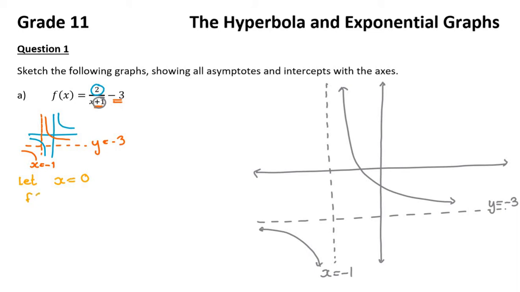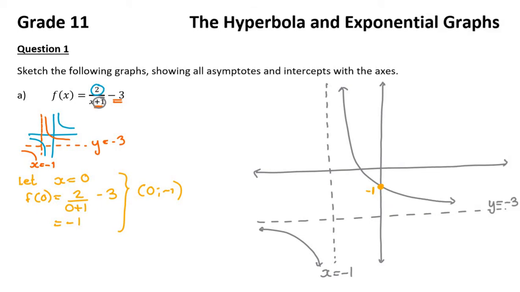Then f of 0, or the y value at 0, would be 2 over 0 plus 1, which would be 2 over 1, which is 2, and 2 minus 3 is -1. So this tells me my intercept is (0; -1) if I'm asked for a coordinate. If I'm not asked for a coordinate and I'm just doing a graph, you put -1 on your axis.